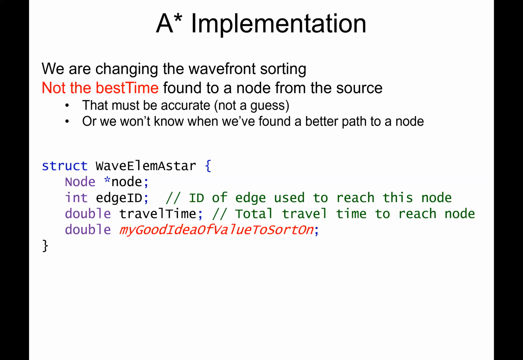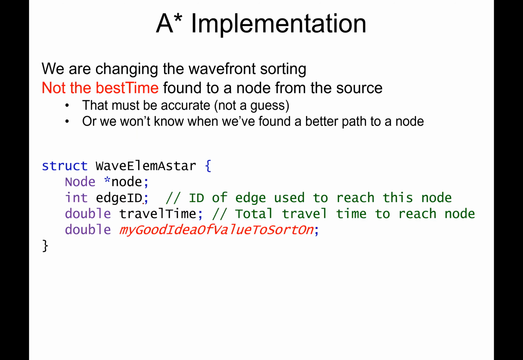So what that means is your wavefront, the data element that you put on it, keeps getting a little more complicated. We already had some way to identify what node we just put on the wavefront. We had some way to identify the edge that we used to get there, so that we can actually backtrace and find the path in the end.